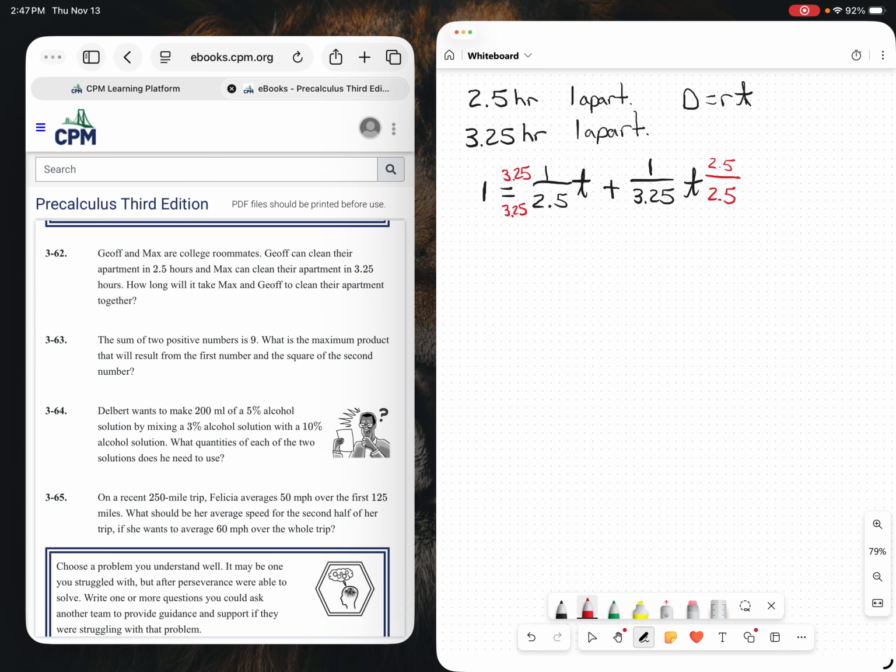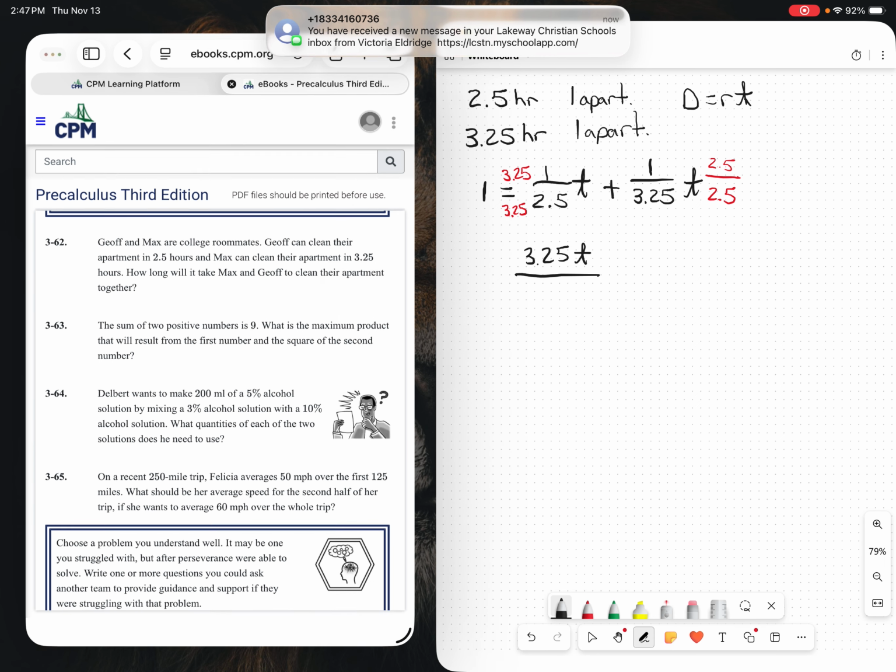As we do that and get this common denominator, we're going to have 3.25 t, putting the t together, and then that common denominator, 2.5 times 3.25.